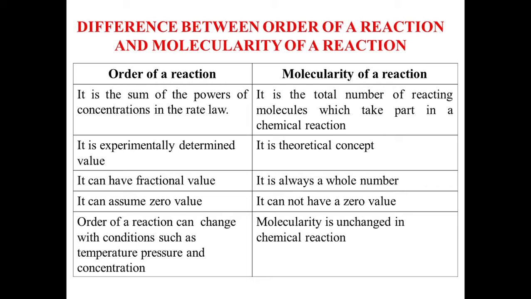In order of a reaction, it is experimentally determined value, but in molecularity of a reaction, it is theoretical concept. In order of a reaction, it can have fractional value, but in molecularity of a reaction, it is always a whole number. In order of a reaction, it can assume zero value, but in molecularity of a reaction, it cannot have a zero value.